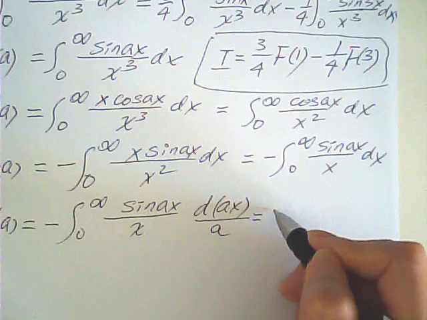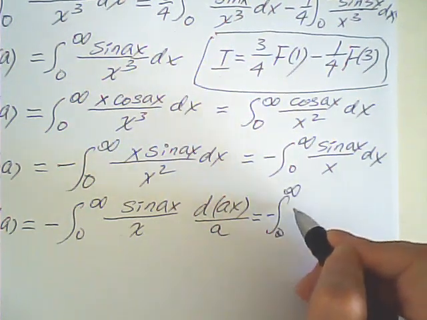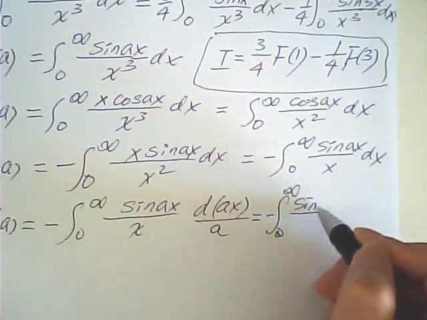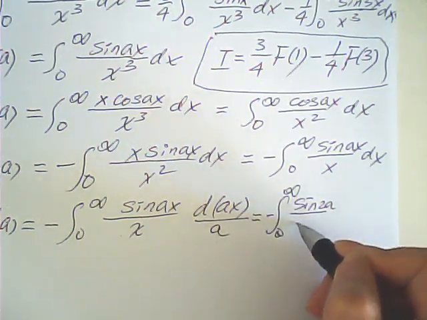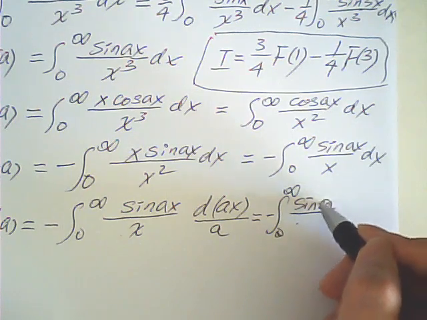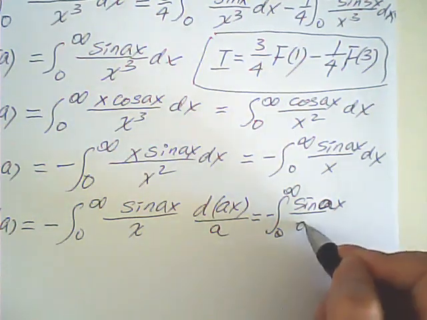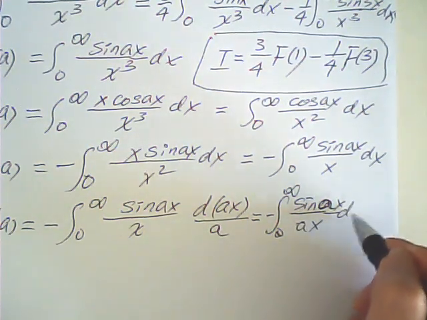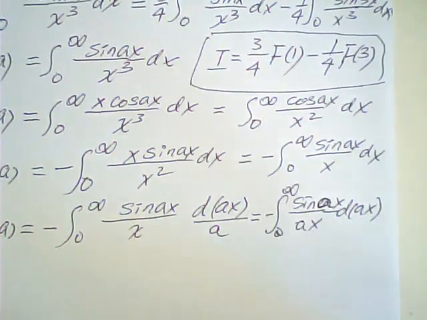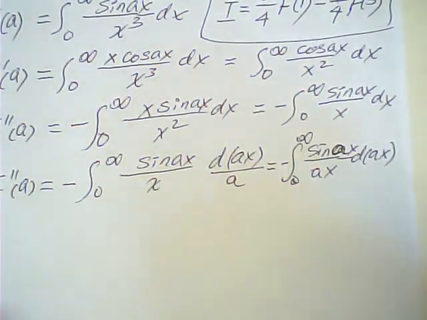So this one is equal to negative integral of sine ax over ax d(ax).